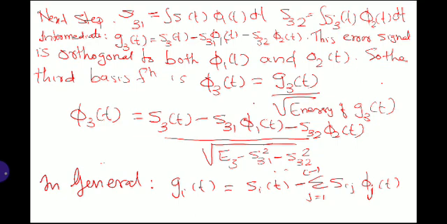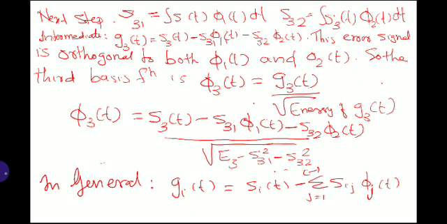So generalizing it, we can write in general the intermediate signal Gi of t is Si of t minus sigma j equal to 1 to i minus 1 of Sij into phi j of t. That is our current signal minus the projection of the signal on all the previous basis functions.